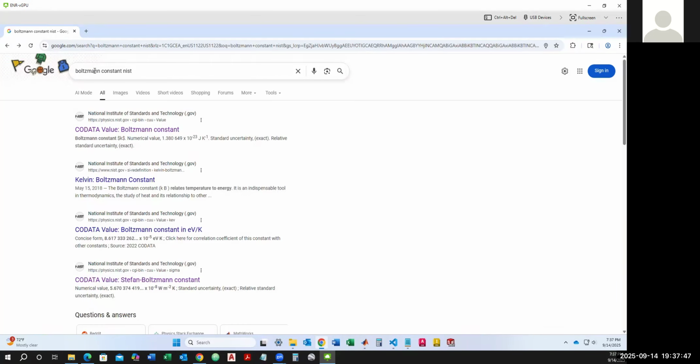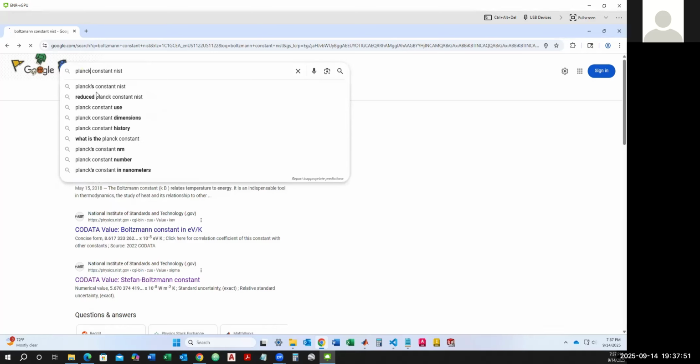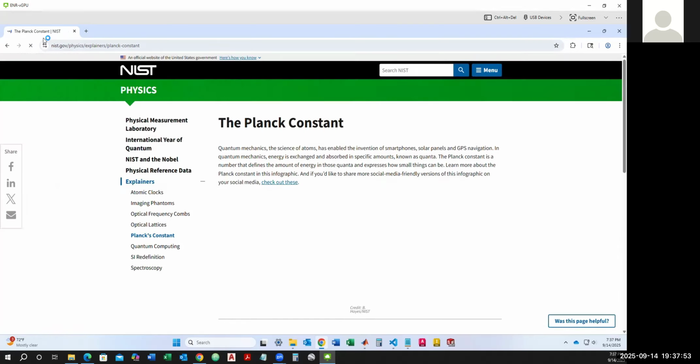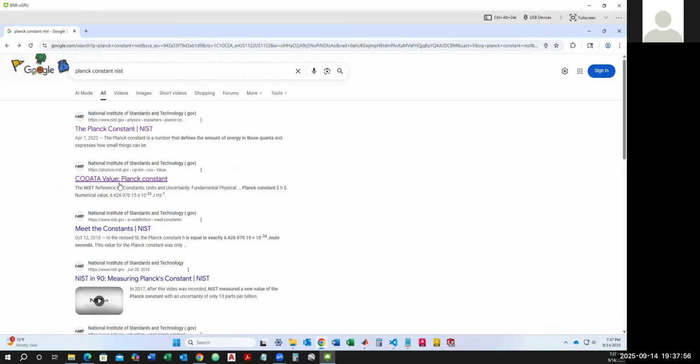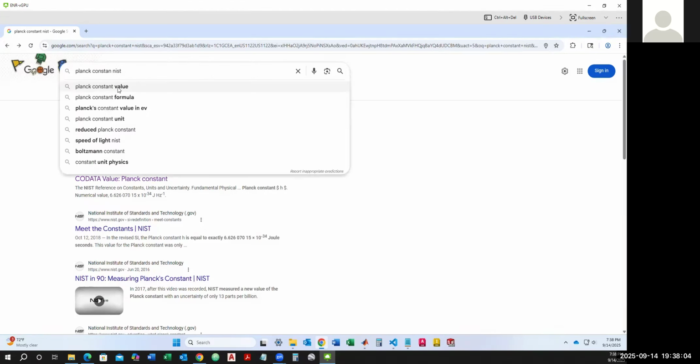I just copied and pasted this value. So the Boltzmann constant, the Planck constant. I'm putting in h bar, so it's this number divided by 2 pi, and the Dalton.